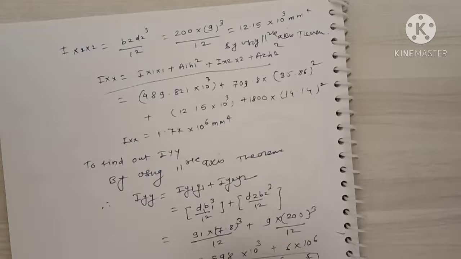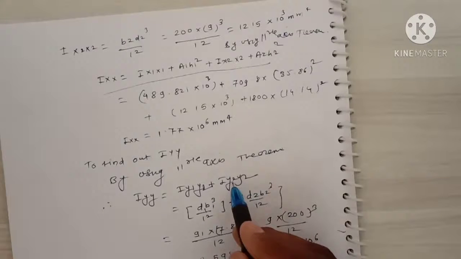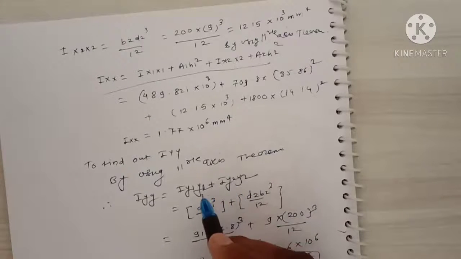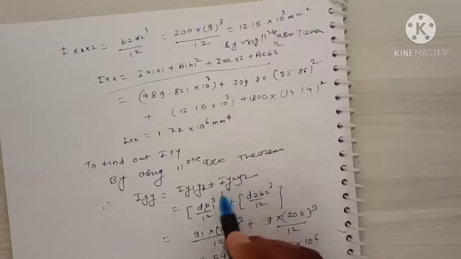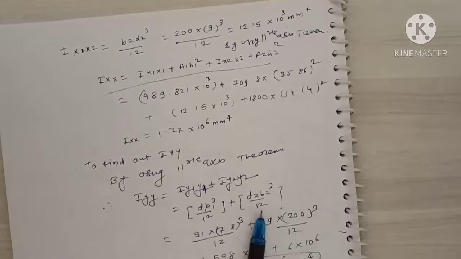Then the same theorem applies here. Therefore Iyy is equal to Iy1y1 plus Iy2y2. The basic thing here is that h will be equal to 0 according to the parallel axis theorem.